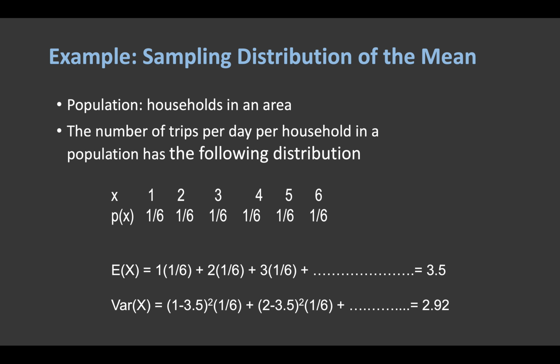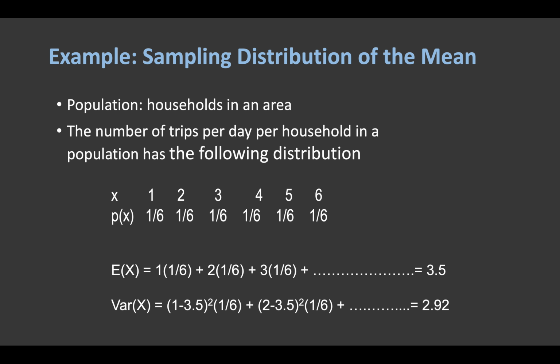Certainly the mean is 1 multiplied by 1/6 plus 2 multiplied by 1/6 plus 3 multiplied by 1/6, plus all the way to 6 multiplied by 1/6, and you can find out that the expected value is 3.5. Very straightforward, right?